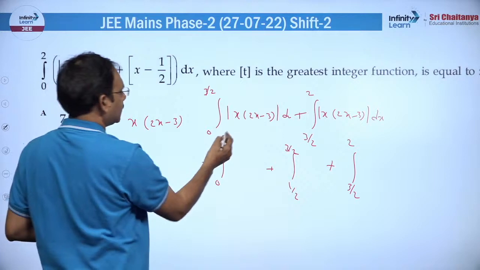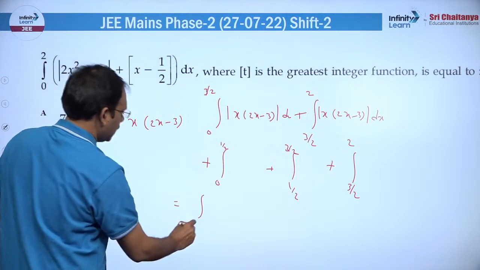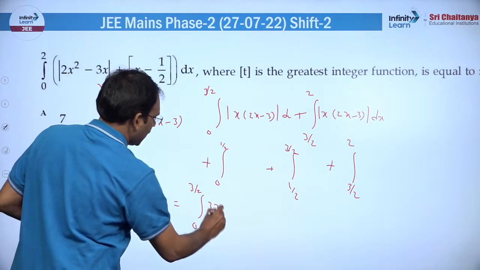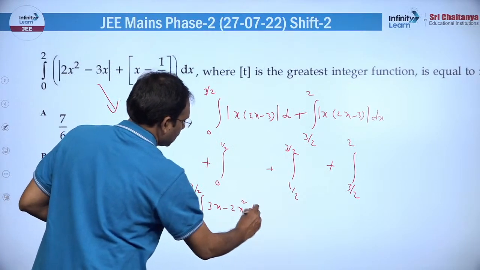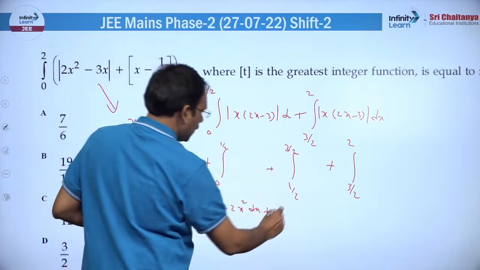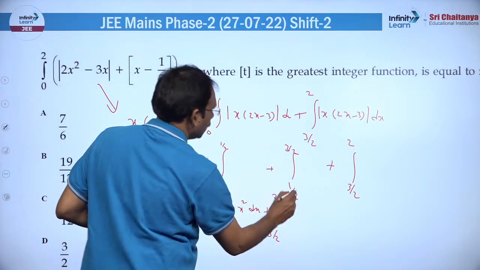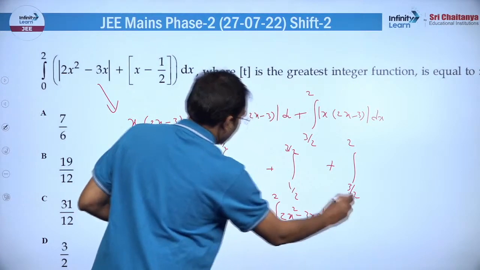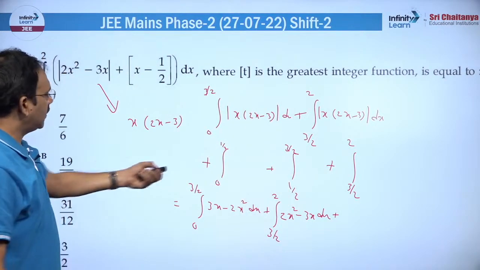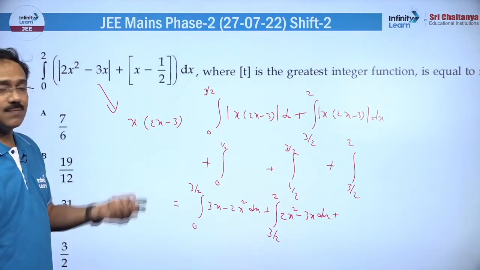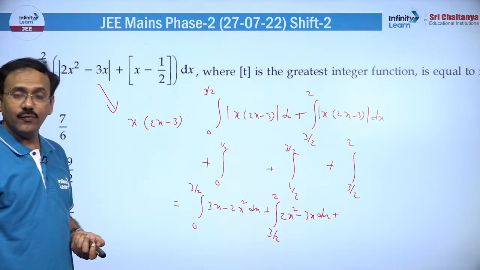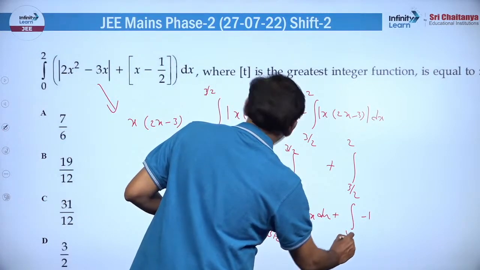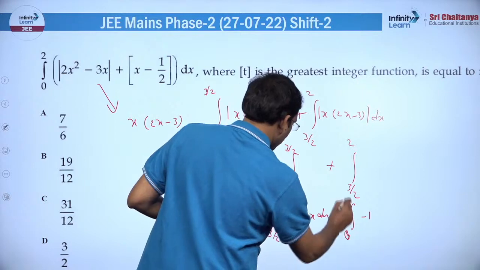So, this becomes integral 0 to 3 by 2, this is 3x minus 2x square dx, plus integral 3 by 2 to 2, you can say 2x square minus 3x dx, plus integral 0 to 1 by 2, x minus 1 by 2, values will be negative, the step is minus 1, this is going to be 0 to 1 by 2.